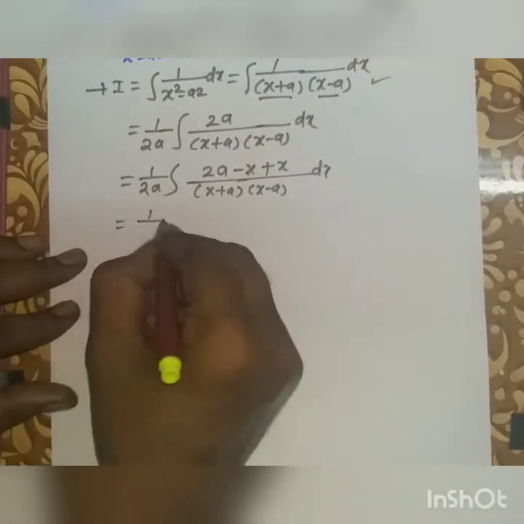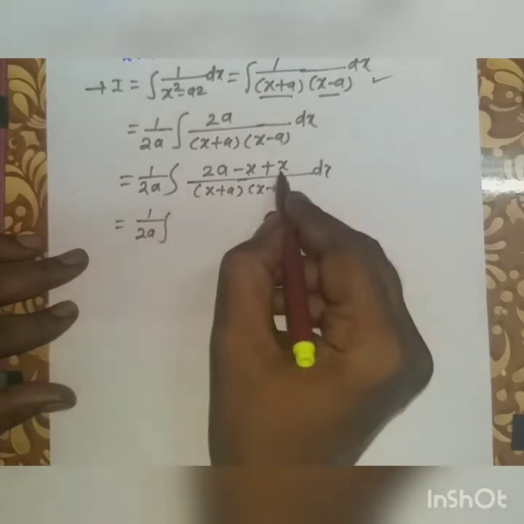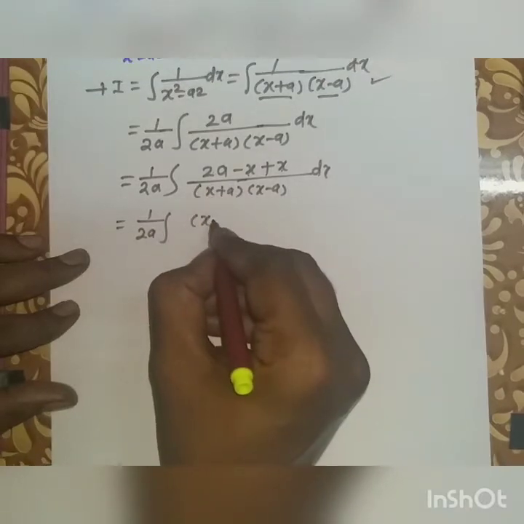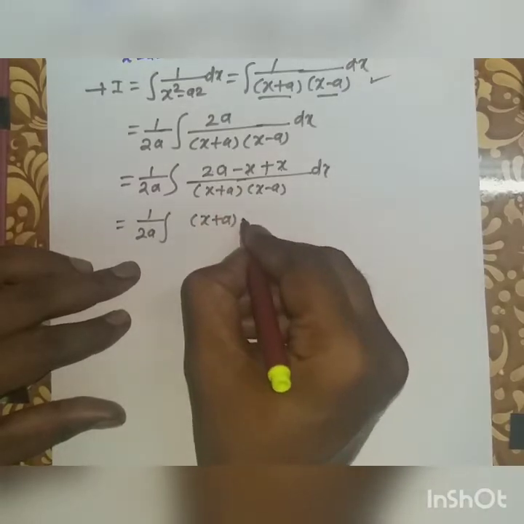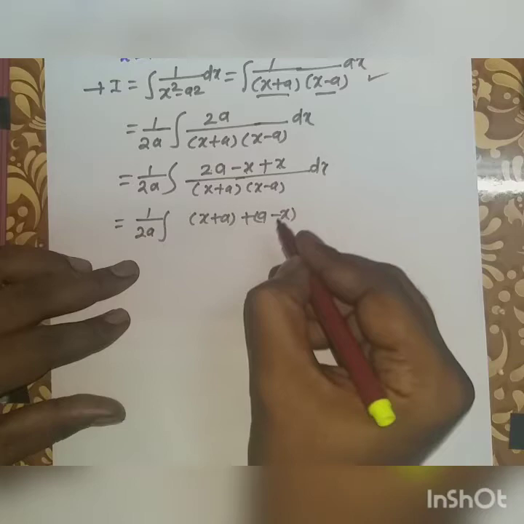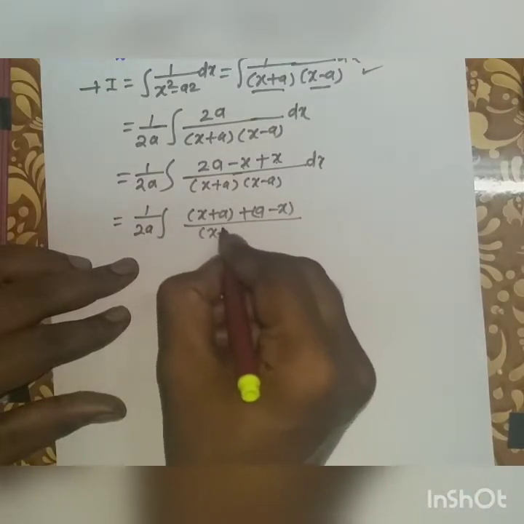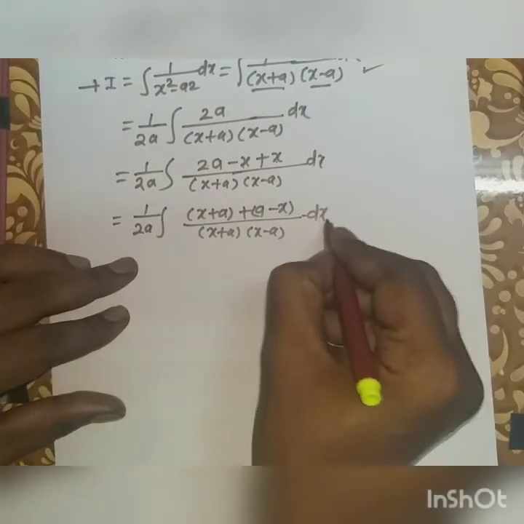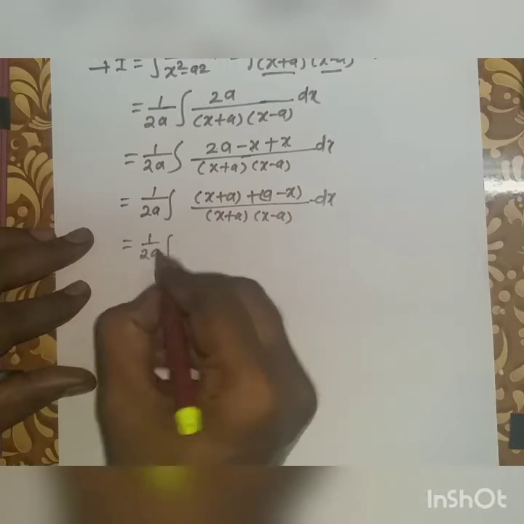Again we try to get the brackets. First bracket x plus a, this x, and out of twice a, a. Remaining a plus a, this minus x whole divided by x plus a into x minus a dx is equal to 1 divided by twice a.